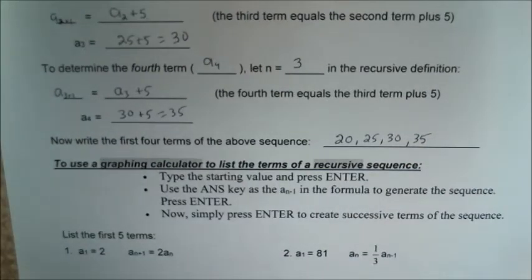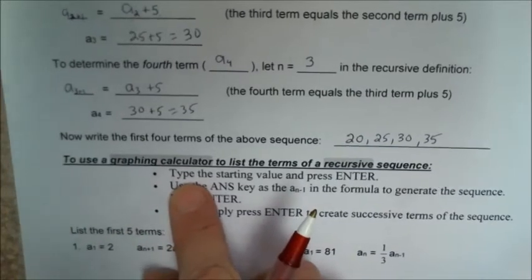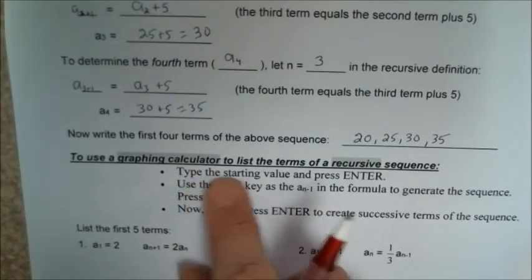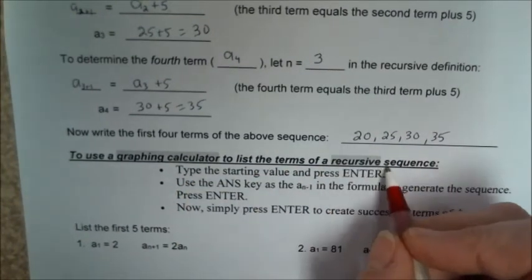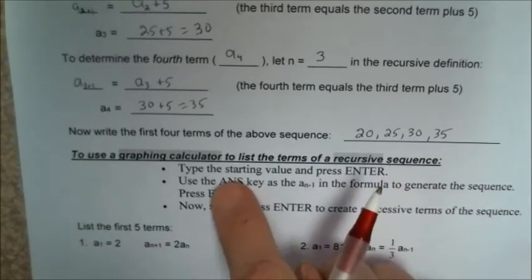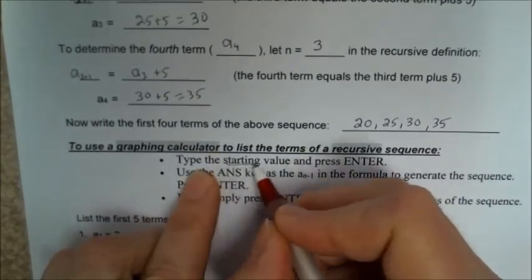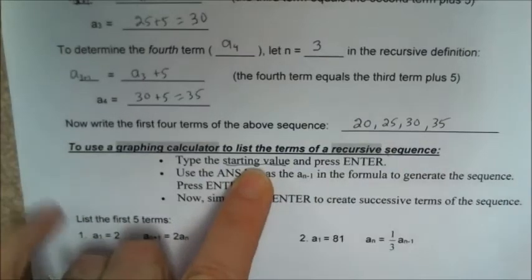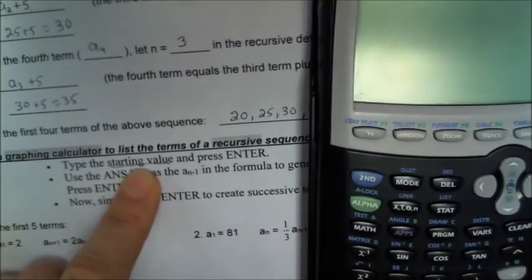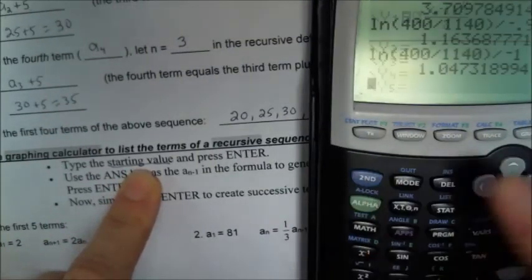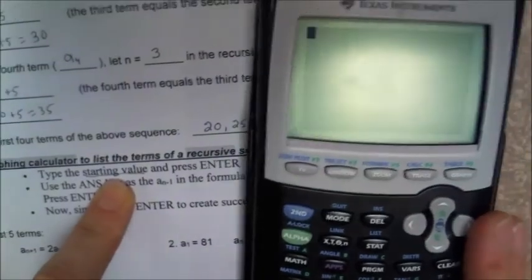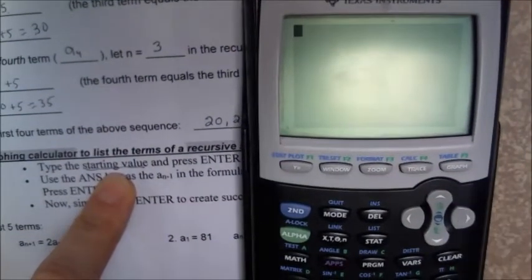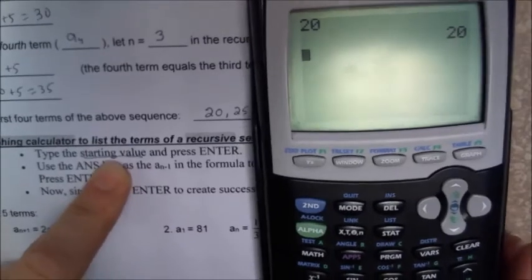Now there's an easy way to do this if you want to use your graphing calculator to list all of the terms of a recursive sequence. What you're going to do is type the starting value, or the first term, and press enter. You're going to do that out in the main screen. So the starting value is 20. That's the first term, and then you're going to hit enter.